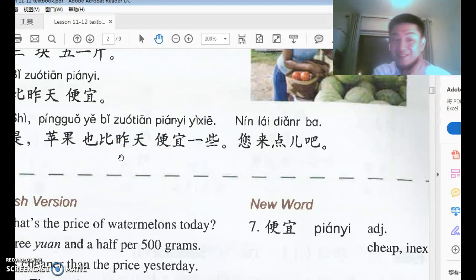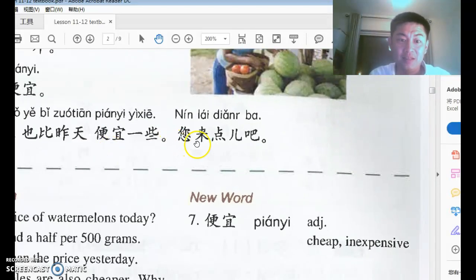So again, that's Chinese. And the next one, 您来点儿吧. 您, very polite way of saying 你 plus a heart. So 您. 来 is to come, but not just to come. It's the action of from a distance to the position closer to you, right? So that's the concept of it. So 您来 means you have some, right?